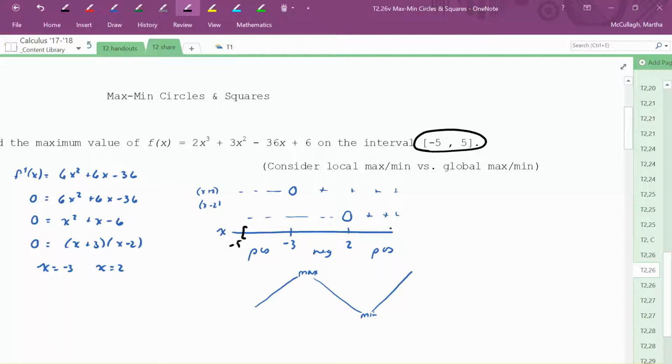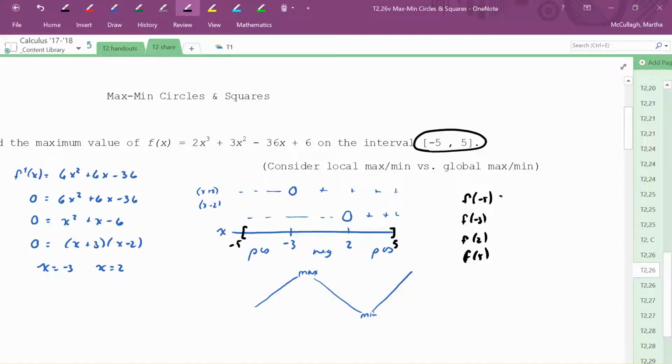So from -5 to 5, I know that at 5, I'm going to be up pretty high. At -5, I'm going to be down lower than I was at -3, but how high? Well, what we'll do is come back to our original function and say, what is f at -5? What is f at -3, at 2, and at 5?